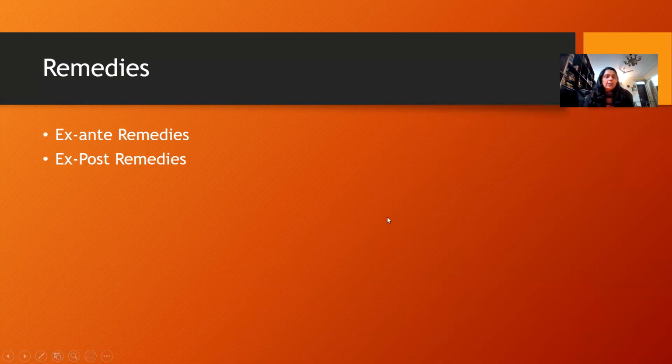We can consider two kinds of remedies: ex ante remedies and ex post remedies. Ex ante means that before starting any research, we have to take care of all those measures, how we have to collect our data. Ex post remedies means after collecting the data, how we have to resolve and sort out this problem.